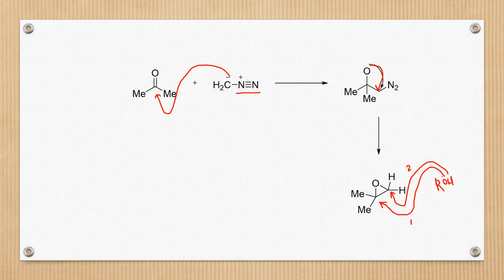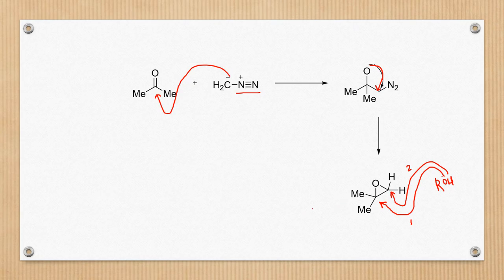So now can anyone tell me which pathway is operative here? Which is facile? Pathway 1 or pathway 2? Based on the stability of the carbocation, I'm giving you a hint. Pathway 1, right. How pathway 1?